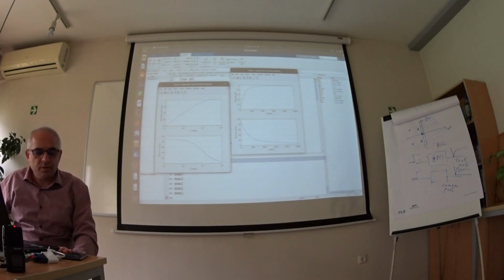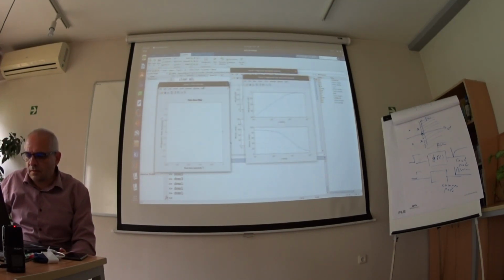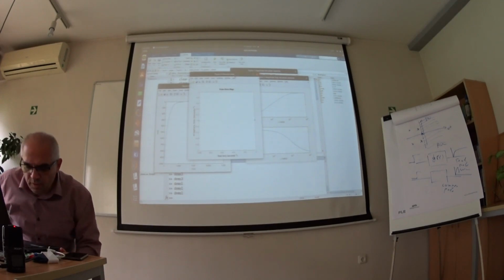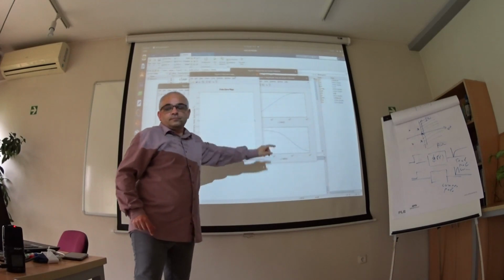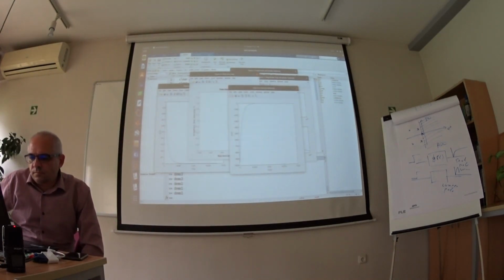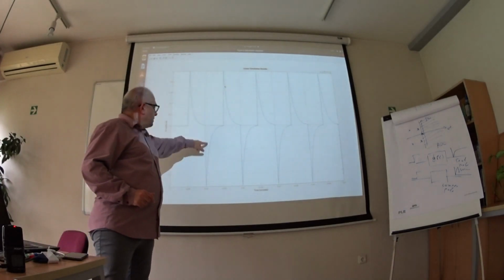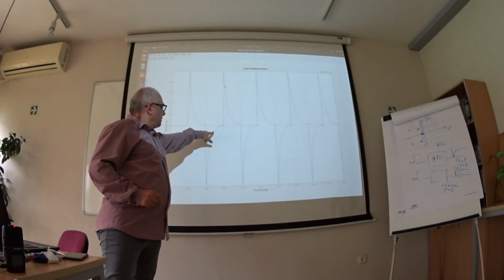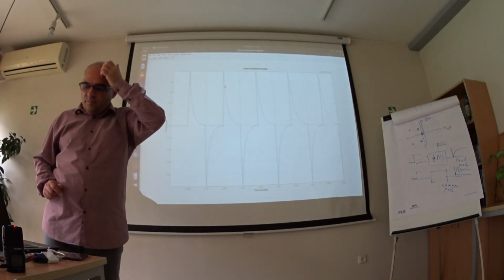This is a high pass filter, and here we have one pole and one zero. If we apply a rectangular pulse train to the input, the output is something like the first derivative of the input.